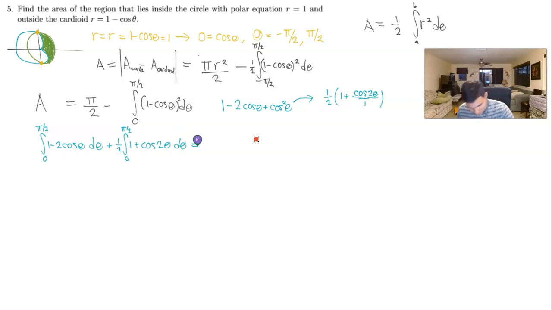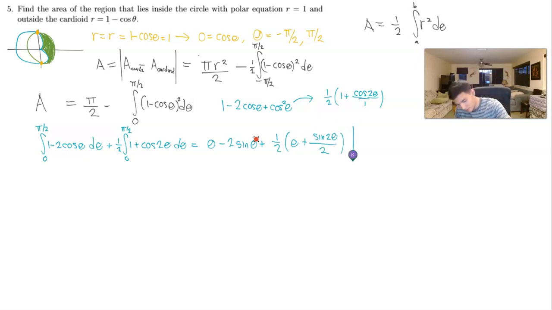So what's this equal? This becomes theta minus 2 sine theta plus 1/2 times theta plus sine 2 theta over 2.